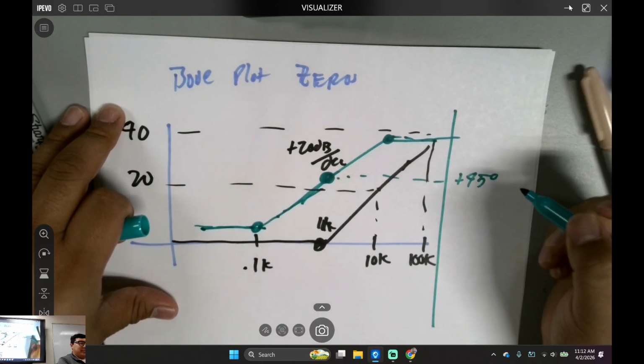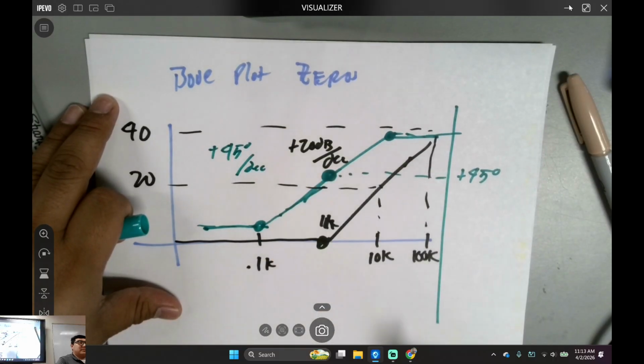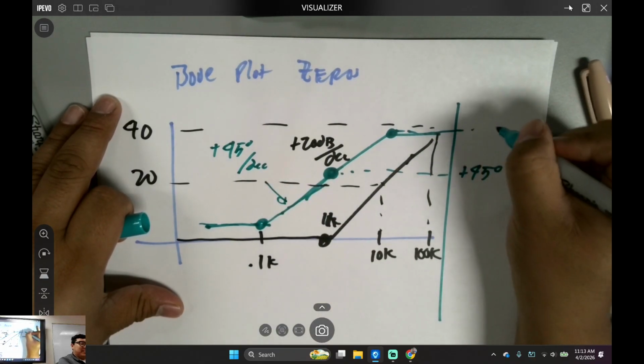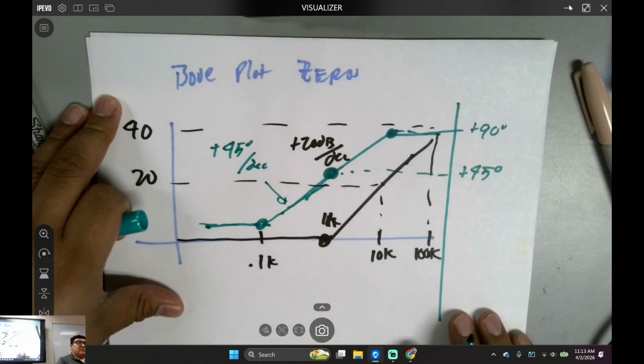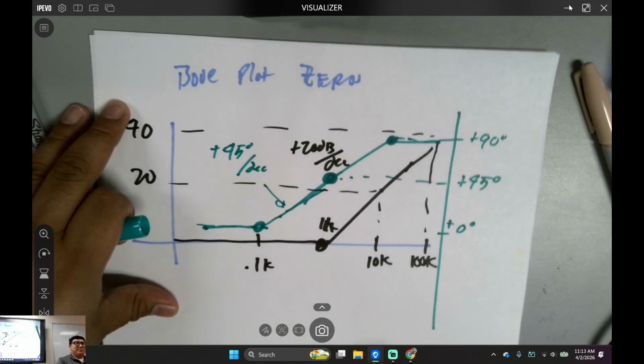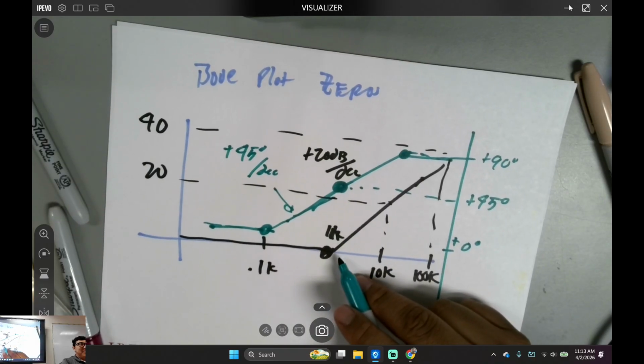It's actually a straight line. This is plus 45 degrees per decade, the slope. So what's the phase over here? Plus 90. And this one here is plus 0. What kind of filter did I build here?